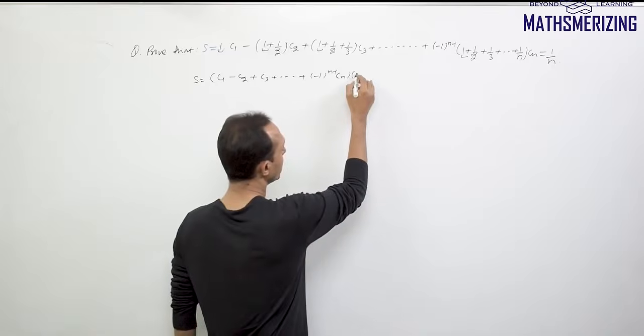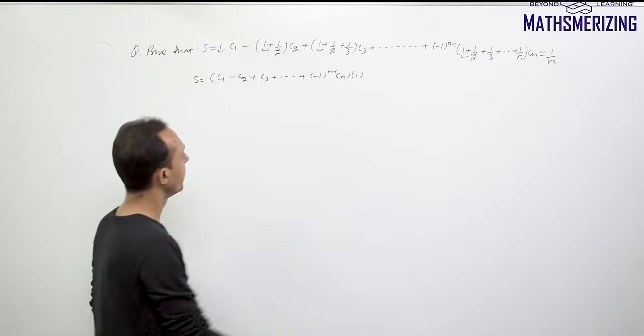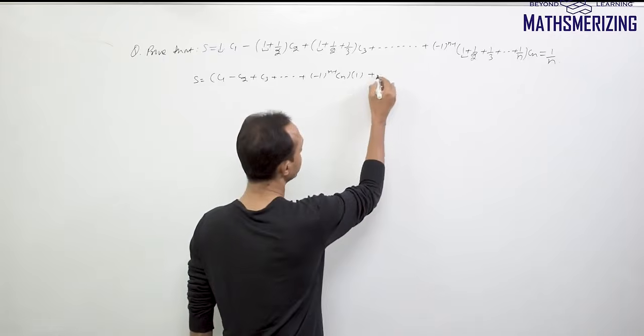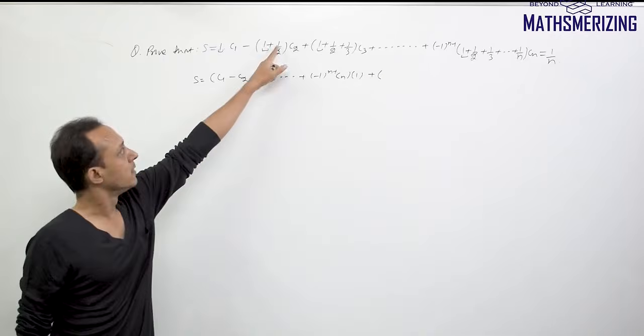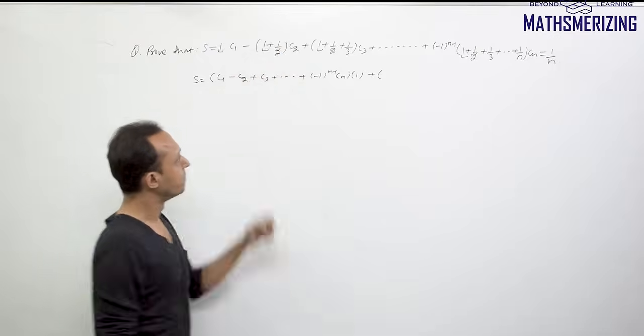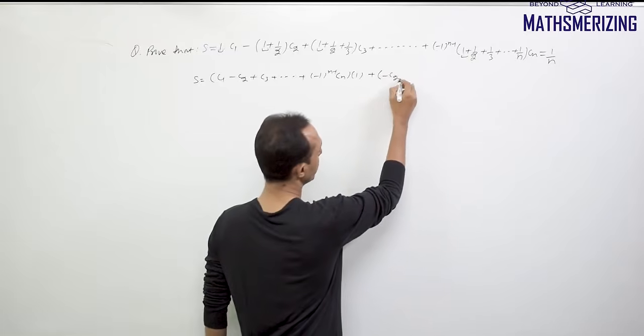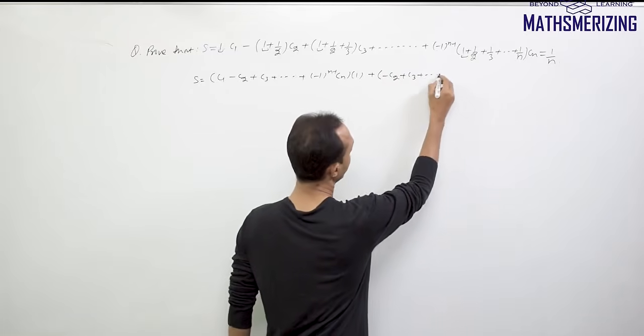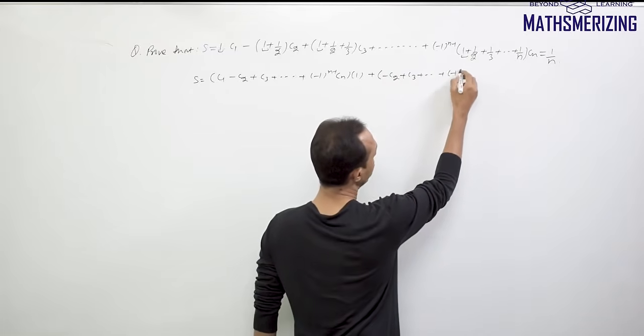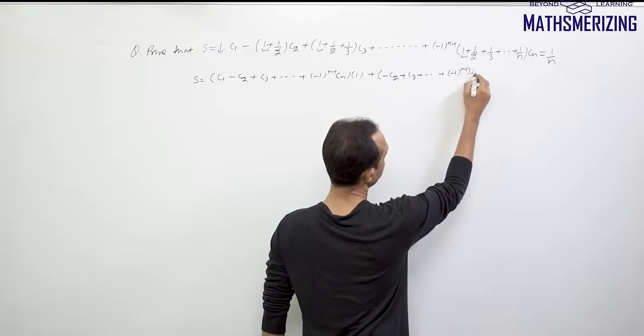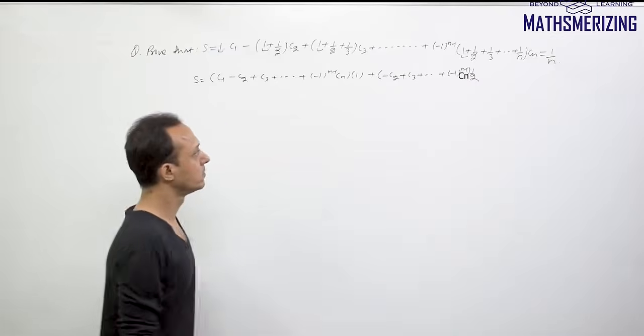So this is the coefficient of 1, and then I'll take the second series, which is the coefficient of 1 by 2. So I'll have minus C2 plus C3, and again it'll go all the way up to minus 1 to the power n minus 1 into 1 by 2.